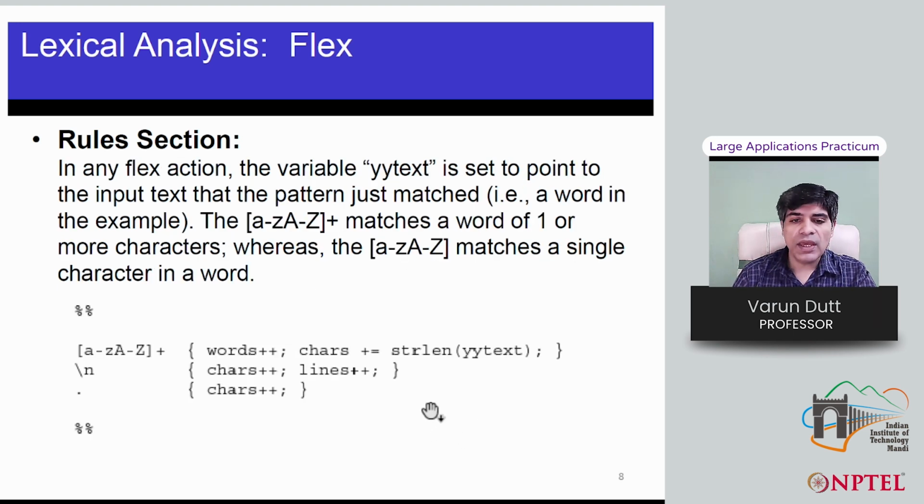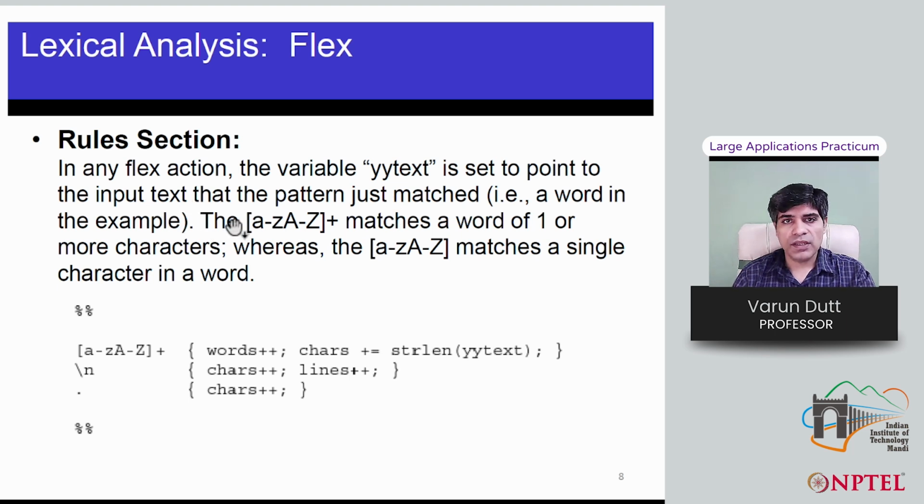So then we have the third part, which is the rules part, and in this particular rules part, the variable yytext is set to point. One more thing to understand is that there is a special variable called yytext, and this variable in flex points to the input text that the pattern just matched.